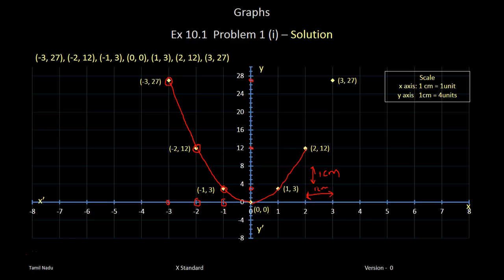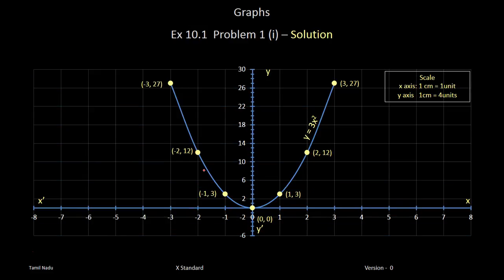So first step is to connect them individually with a scale by straight lines, and then slowly use your free hand and make it a smooth curve. That way we'll be able to get a smooth curve. And when you draw from here to here, you have to also keep an eye on the next point. Then the curve will become smooth.